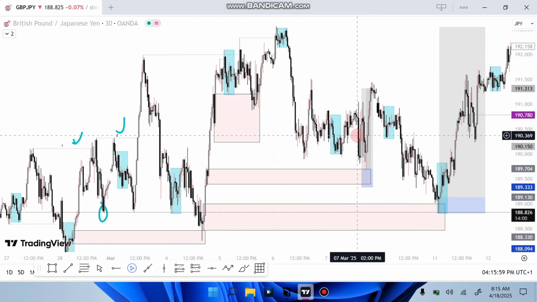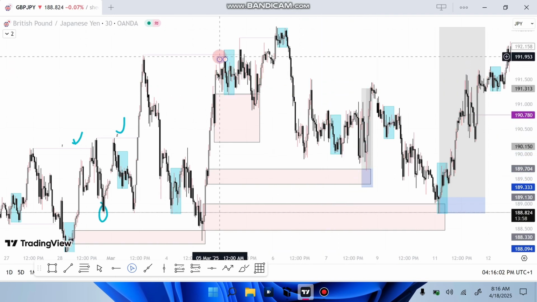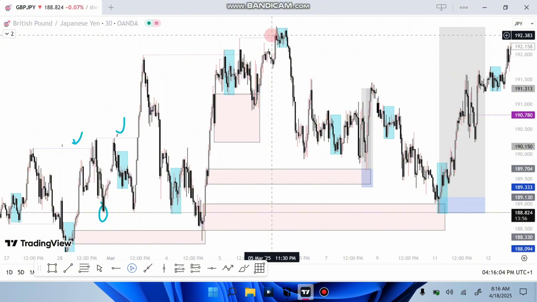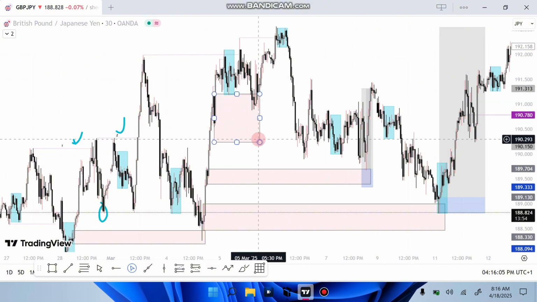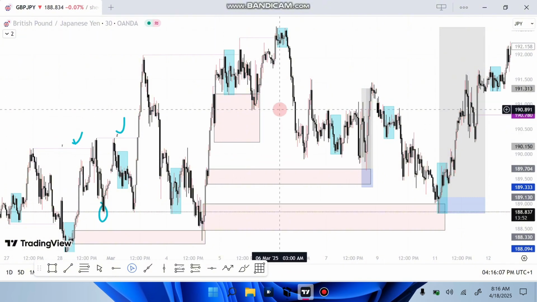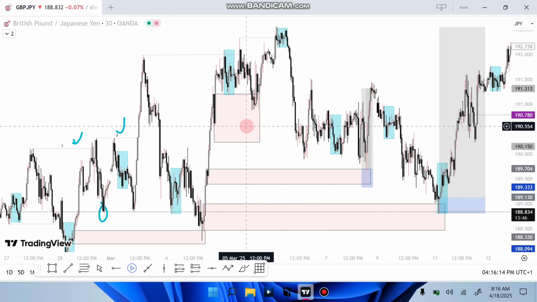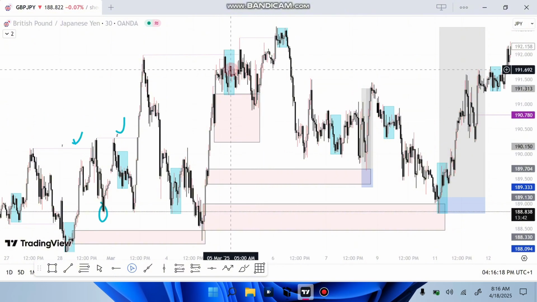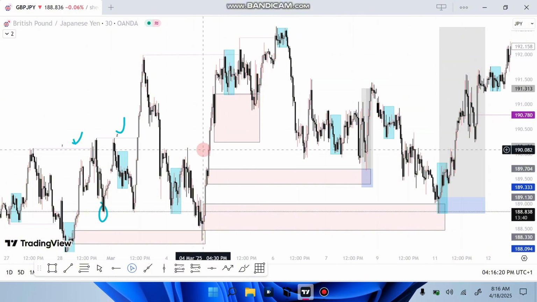Why would you enter from here? This is first BOS, second BOS, right? All of the lows of this starting from here is liquidity. Okay, you can say that after this low was taken, we should start buying. No, we wouldn't be buying from here because price is already trying to seek more liquidity from here.